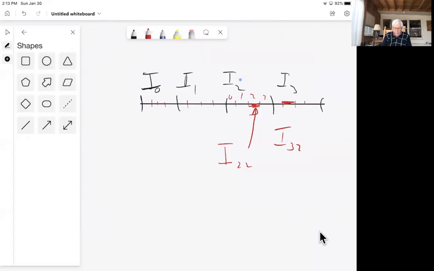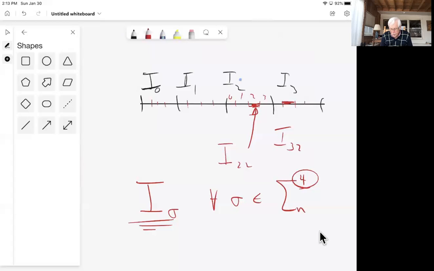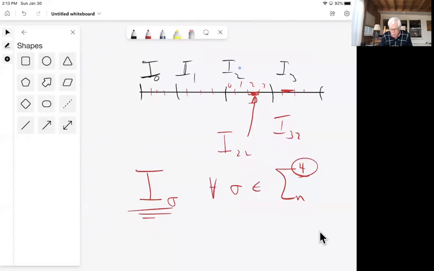And in a similar way as before, I sigma can be defined for every sigma, a finite sequence of length n of the digits 0, 1, 2, 3. So this defines I sigma recursively for every one of those sigmas.